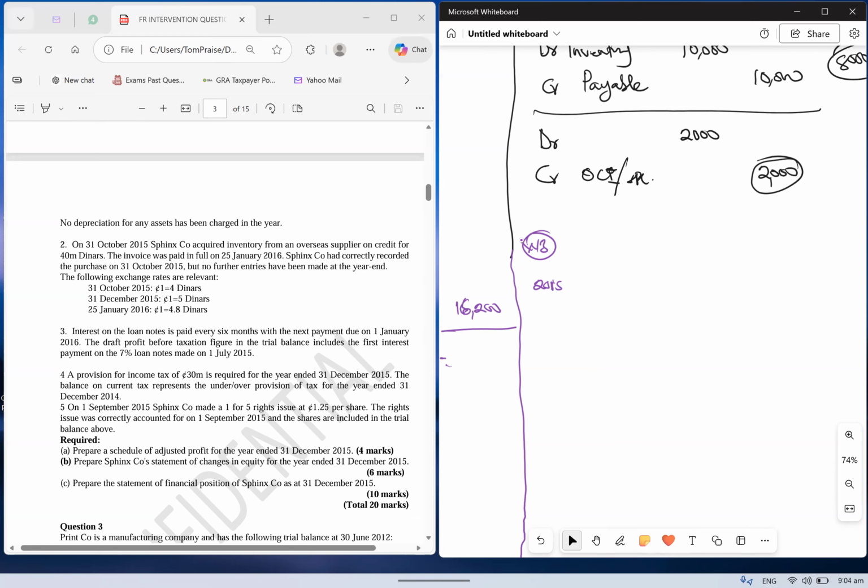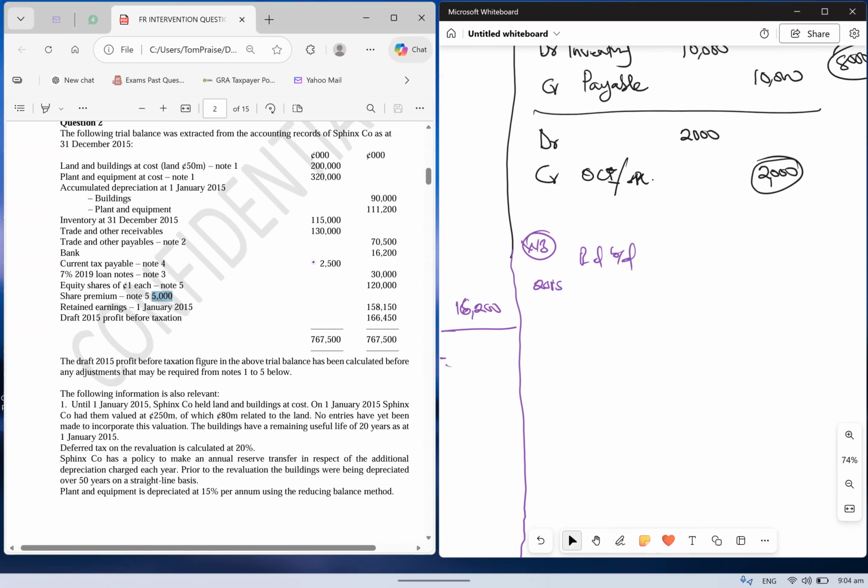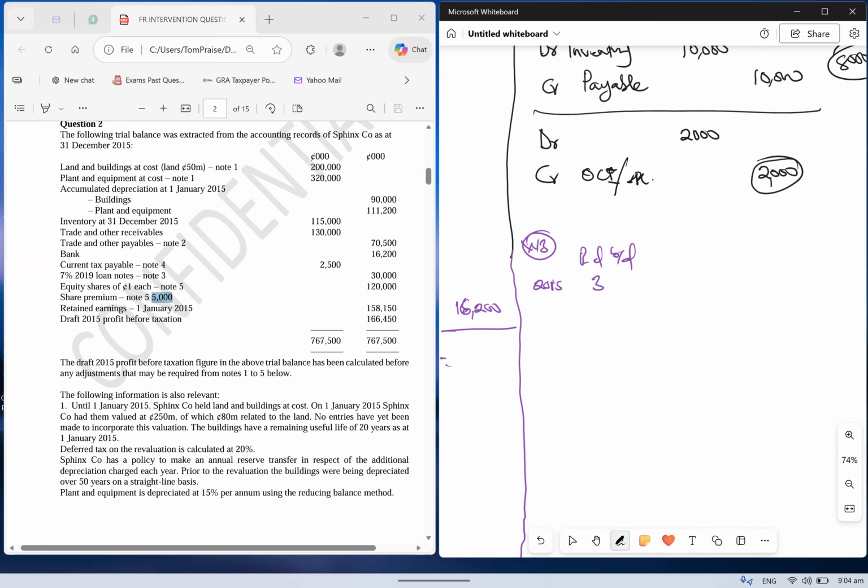But what is the amount itself? What is the loan? Balance brought down. It's 30,000. That is the loan amount. Then what is the interest? 7%.